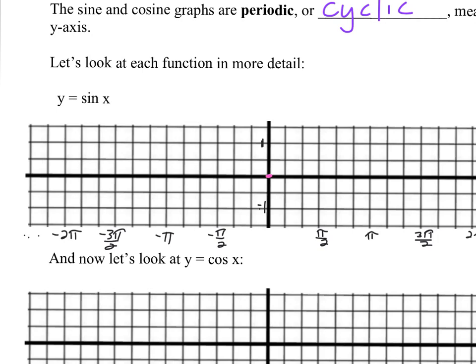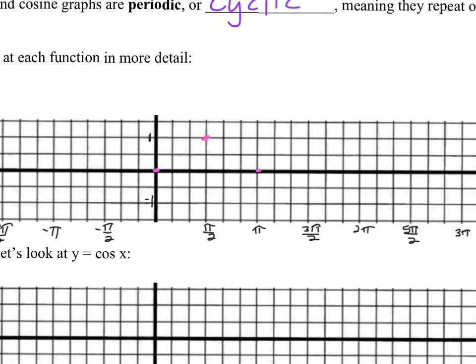And while there are values that increase, I'm going to go right to the top of the circle when x is pi over 2. At pi over 2, the y-coordinate is 1.